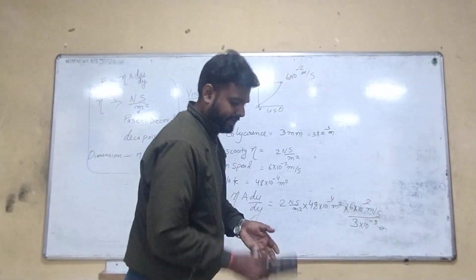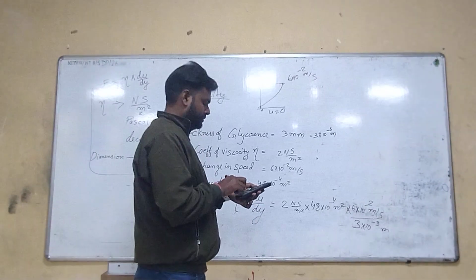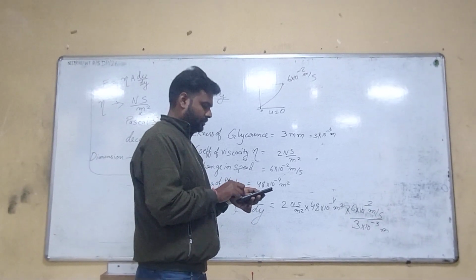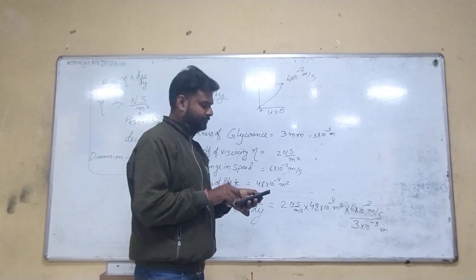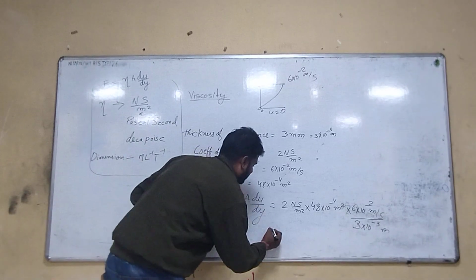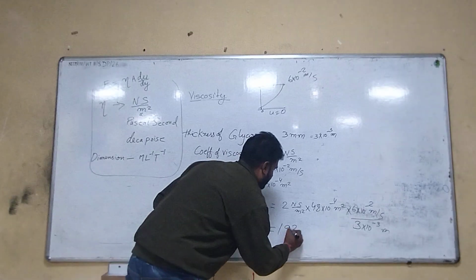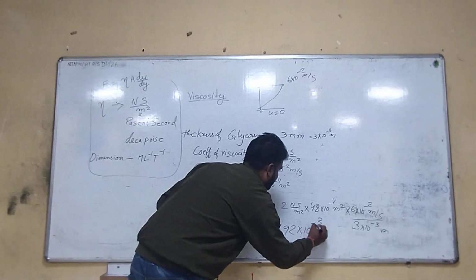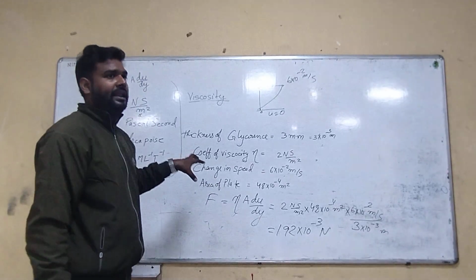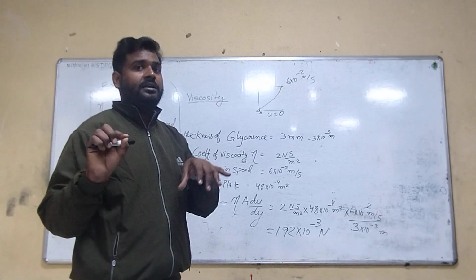After calculating, we find the value is 192 into 10 to the power minus 3 Newton. That much force we have to apply over the plate to just pull it over the glycerine.